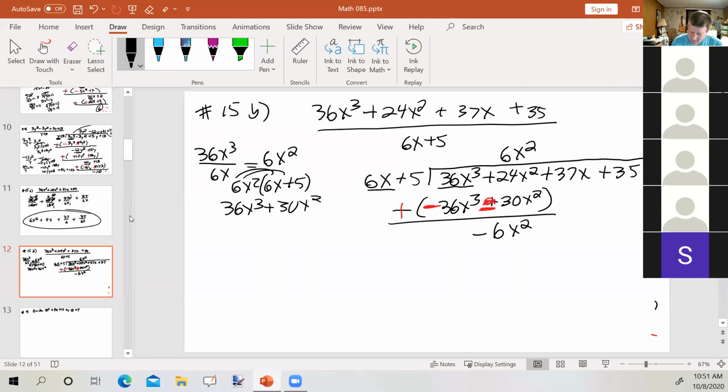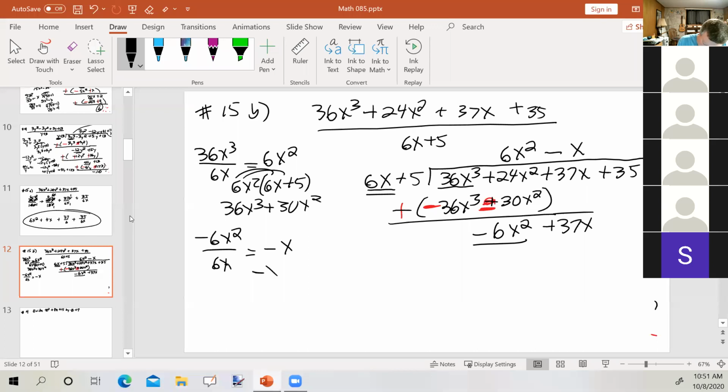All right. We're going to bring down the next term, 37x. We're going to take the leading term inside divided by the leading term outside. Negative 6x squared divided by 6x is negative x. So I'm going to go minus x.